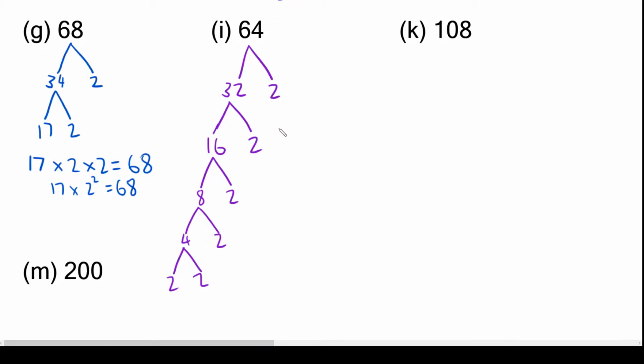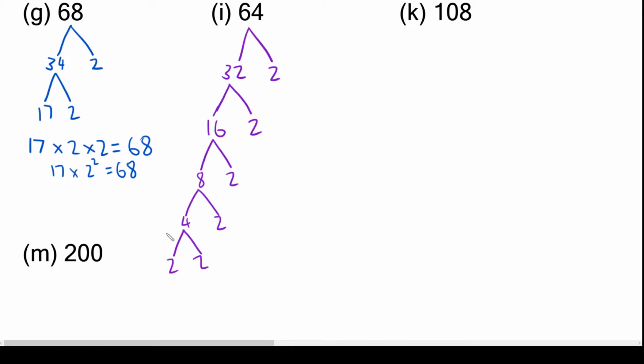Ooh, so fair bit of work in this one. So we've got 1, 2, 3, 4, 5, 6. That's 2 times 2 times 2 times 2 times 2 times 2, 6 of them, equals 64. So 2 to the power of 6 equals 64. So there's your expanded form and your index form.